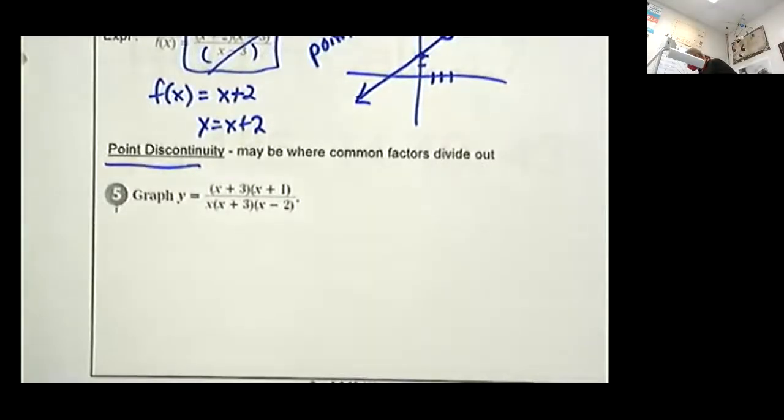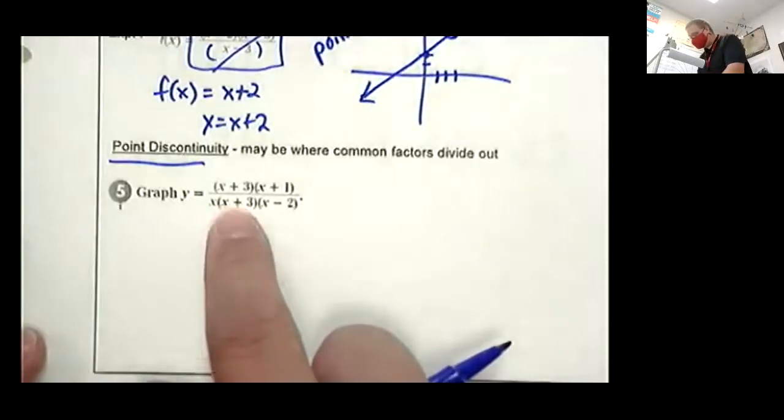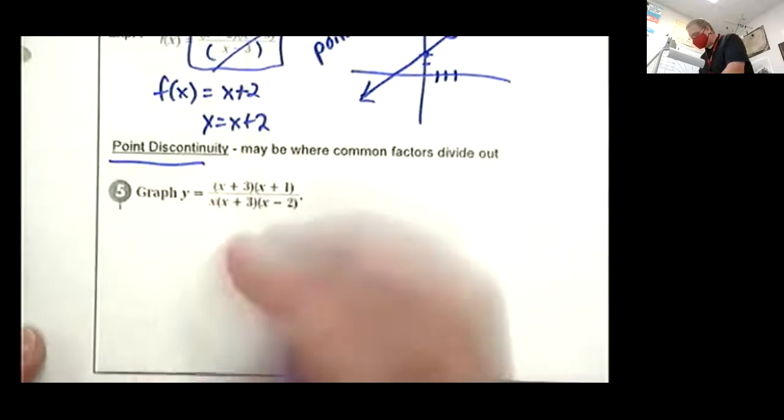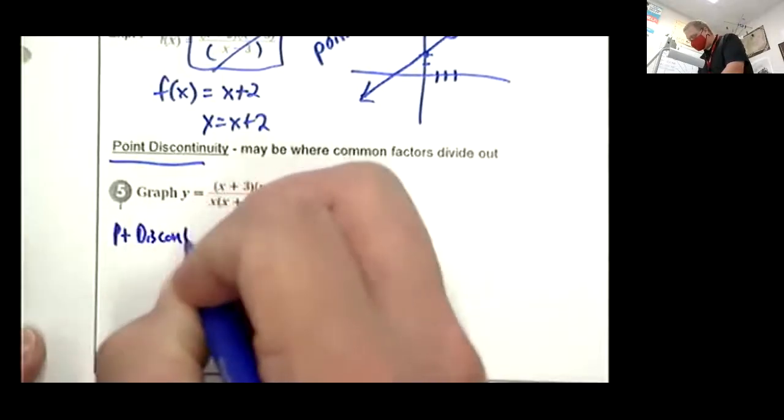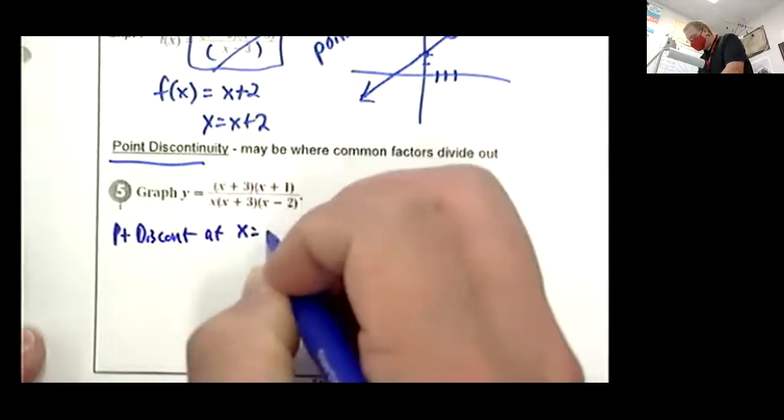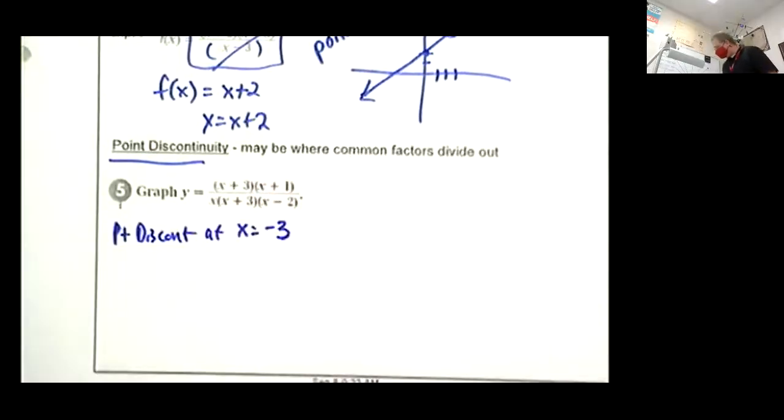Let's look at example 5. Well, we just talked about point discontinuity. So what do we notice? We have the same term, x plus 3 over x plus 3. So it has to be a point discontinuity, and when we solve for it, x equals -3. And then we're just following the same rules.